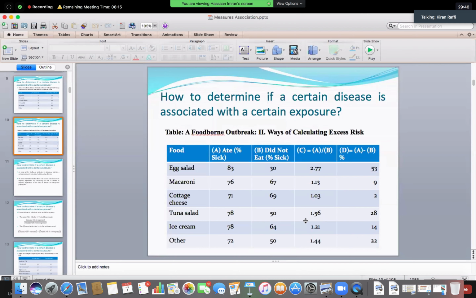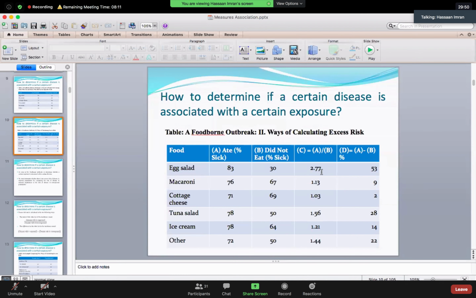Egg salad. Absolutely. By looking at the ratio measure, we can easily make out that this is the food item mainly responsible for the foodborne illness or outbreak. Clear, everyone? Yes, ma'am.